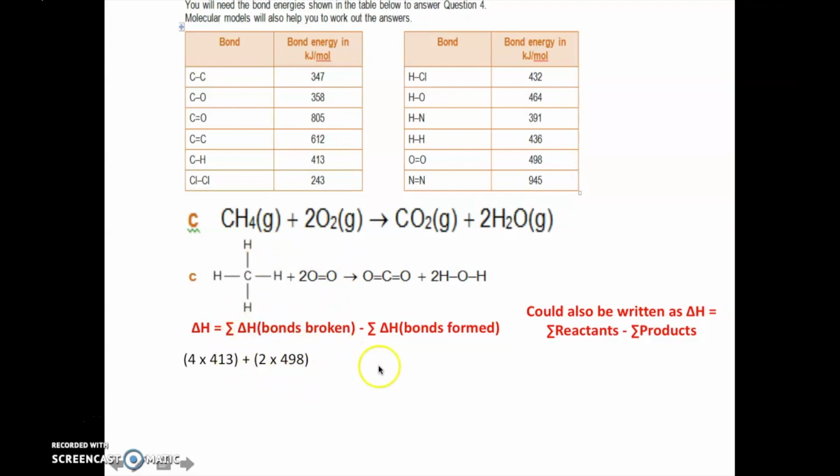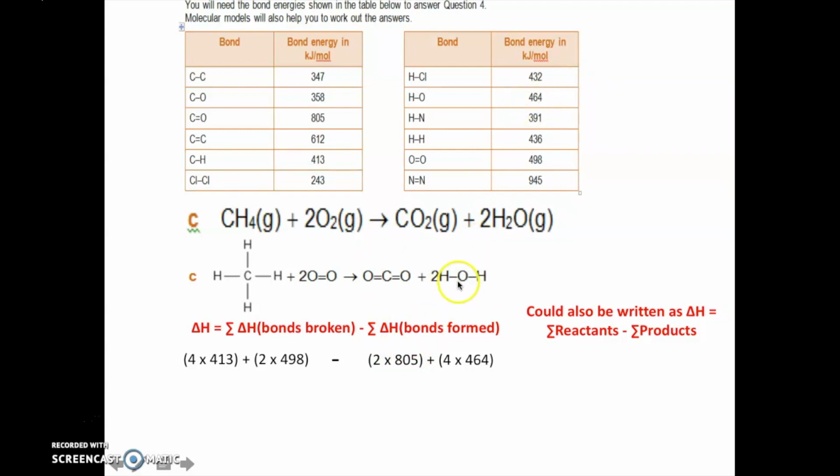Then on the bonds formed side, you've got carbon double bond to oxygen, you've got 1, and then the second carbon double bond oxygen here. So there are 2 of that bond, and this is 805. So you have to do 2 times 805 for that one. And then for the water, you've got OH. OH bond is 464.